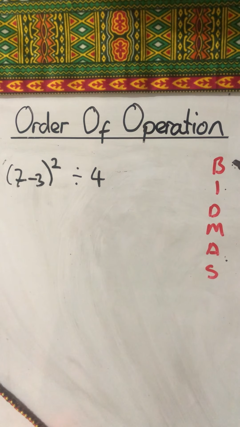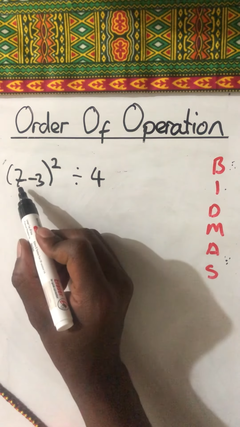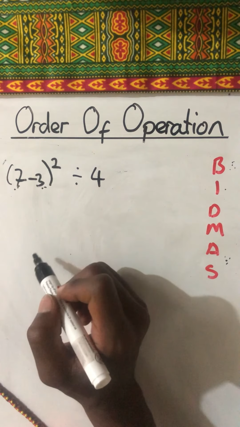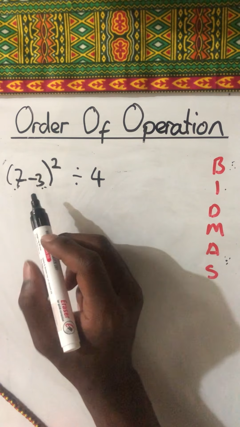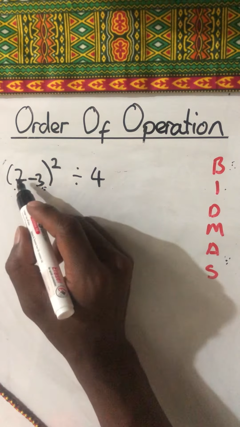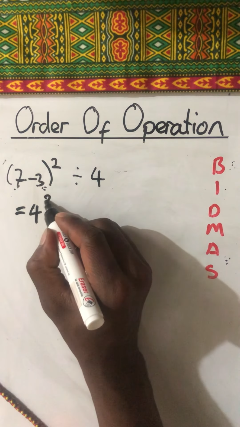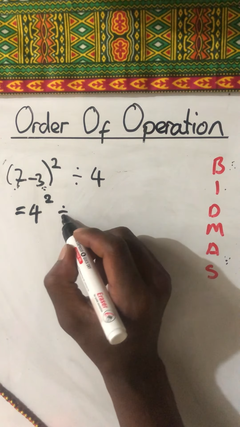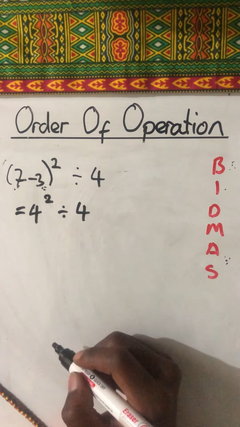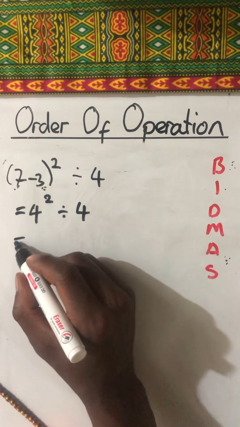But not to worry, we're going to address our rules here, and we're going to see that the first thing is brackets. So we're going to solve what's in the brackets first and say 7 minus 3, which is going to be 4. So now we have equals to 4 squared divided by 4, right? And then we move on.